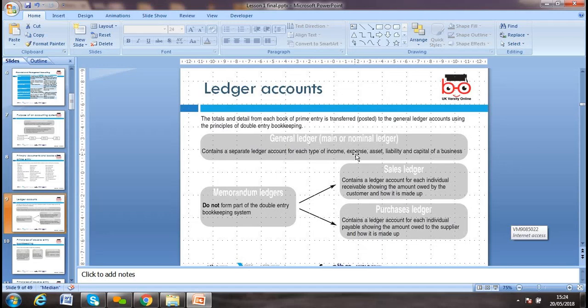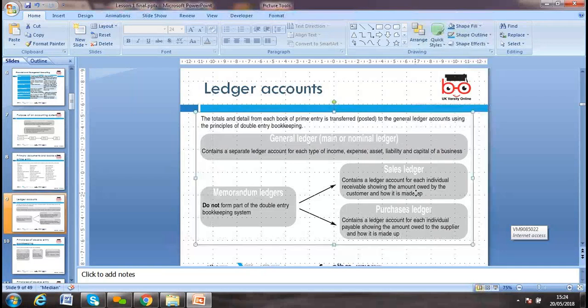Expenses are different sorts, like admin expense and distribution expense, and we can make a separate ledger for each as well. Also assets, liabilities, capital. The sales ledger contains the ledger account of each individual receivable, which means our credit customers to whom we sold the goods and from whom we have to receive the money.